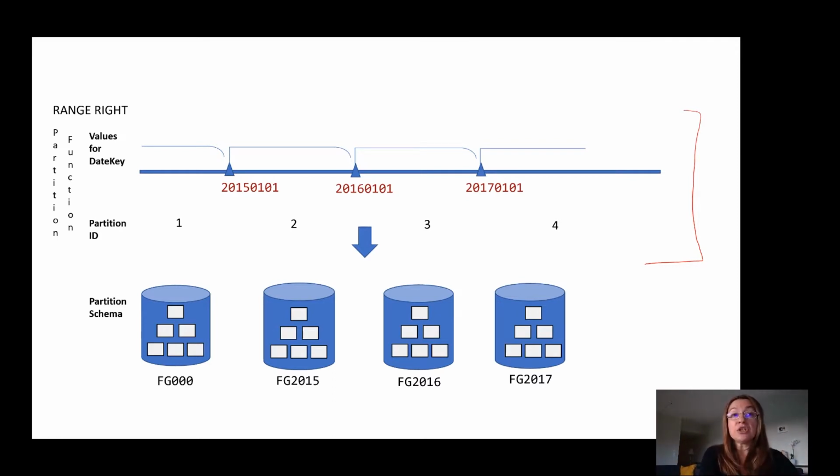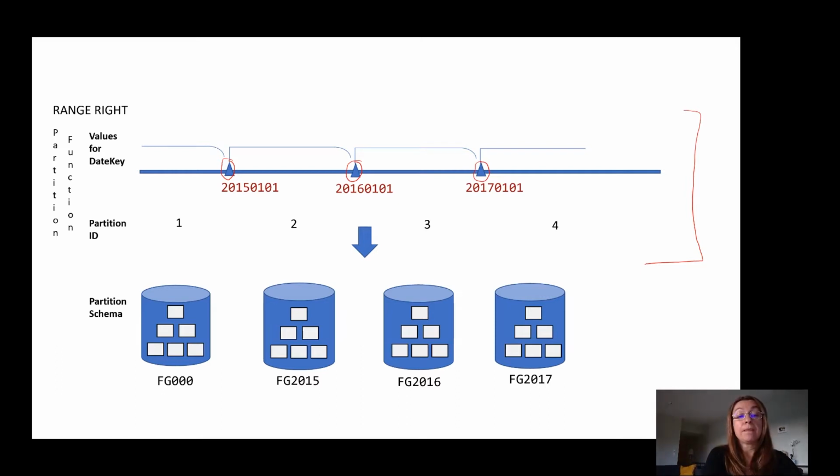So I'm using range right, and that means my first boundary will define the beginning of partition number 2. Then my second boundary will define the beginning of partition number 3, and my third boundary will define partition number 4 and its initial value.